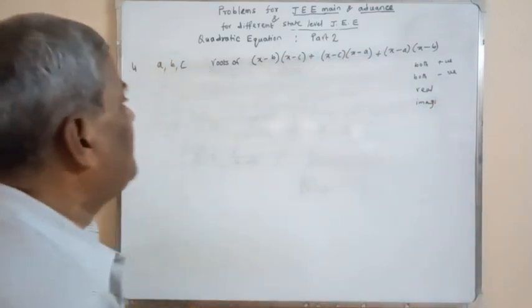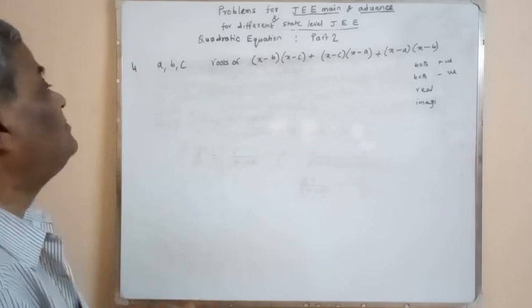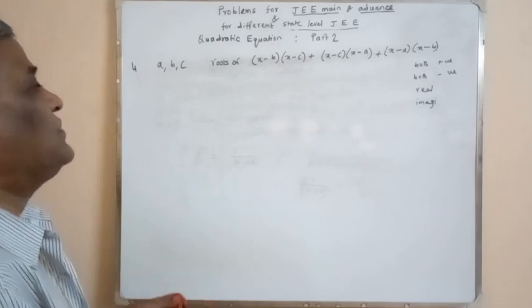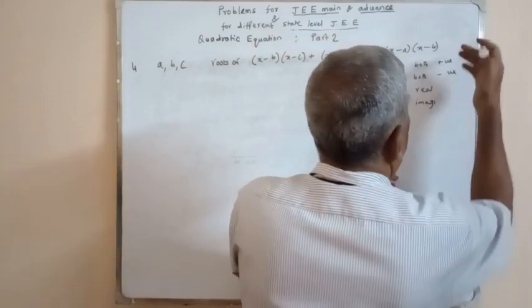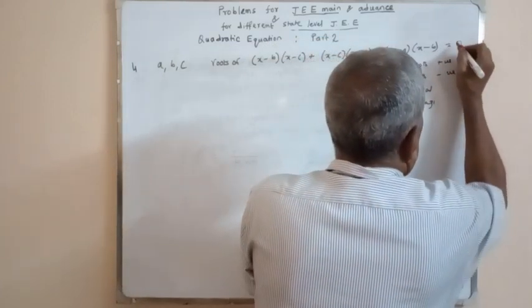So the question is, if a, b, c are all real quantities, then what are the roots of this equation, which is equal to 0?